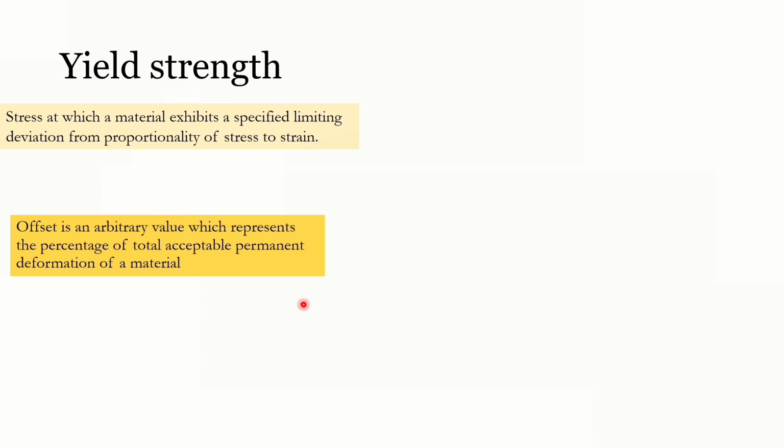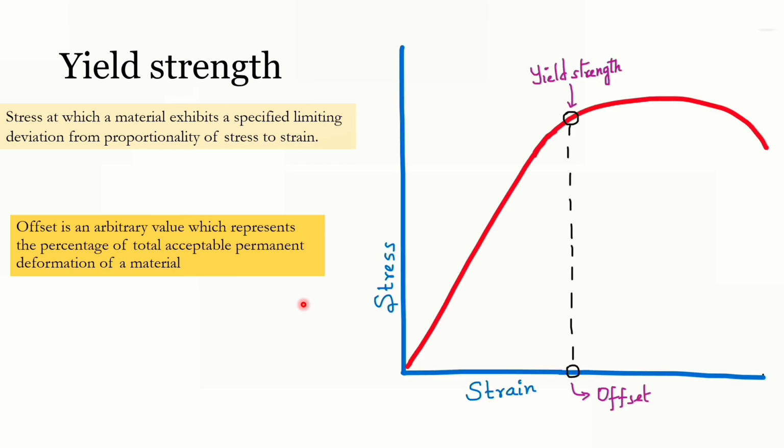When I am plotting a stress strain graph, I am going to give it a value of 10 or 20 as offset. That is the value of accepted permanent deformation, which is represented by your yield strength. So I am going to plot a line parallel to the y-axis in the stress strain graph. The point where this offset meets the stress strain graph is going to be represented by the yield strength.